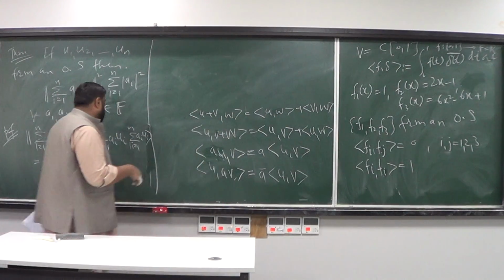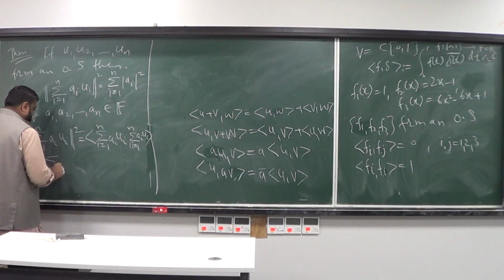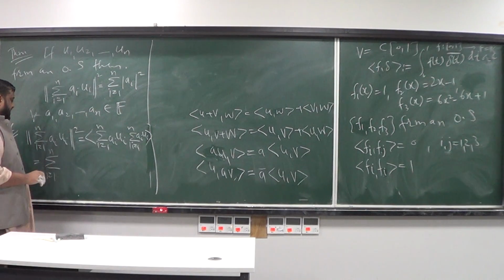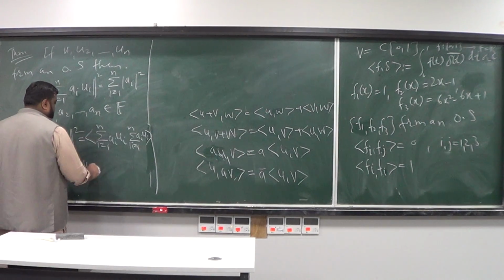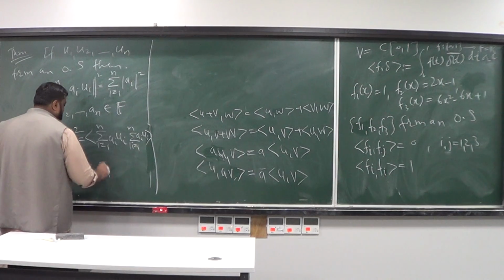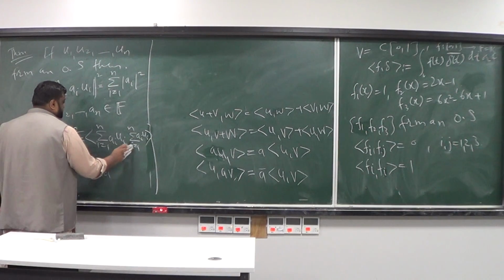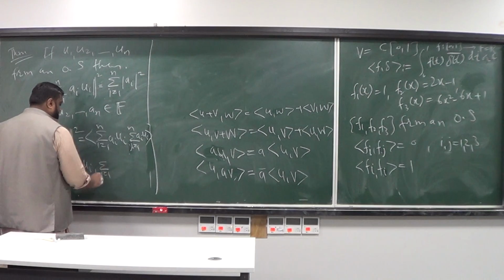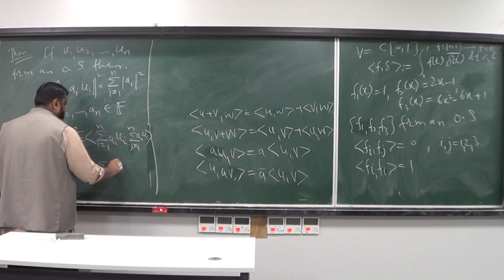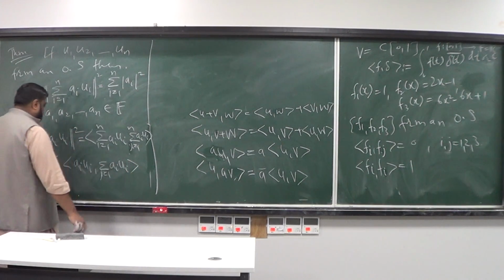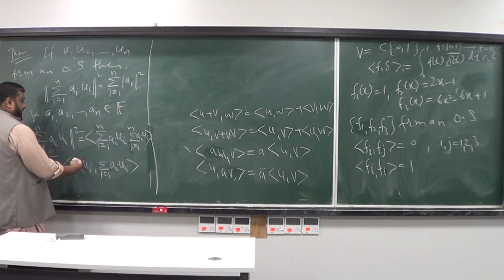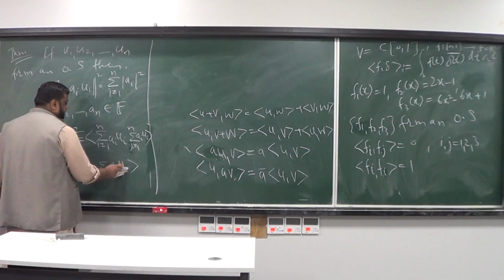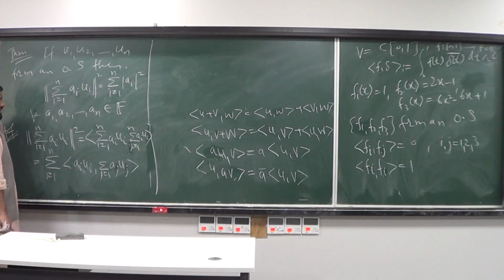I can separate these terms and get something like this: sum i equal to 1 to n of a_i u_i, and sum, maybe I should use a different index here, j equal to 1 to n of a_j u_j. So this is what you're going to get.